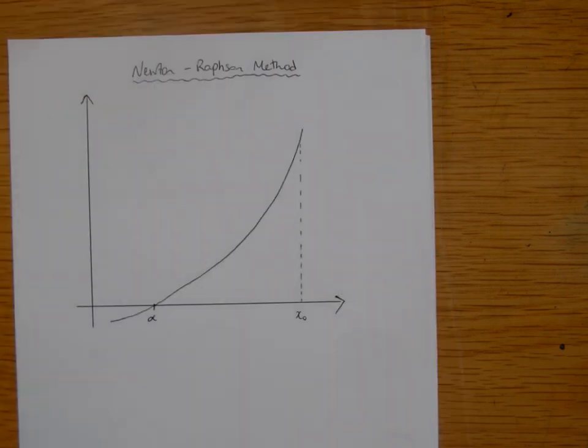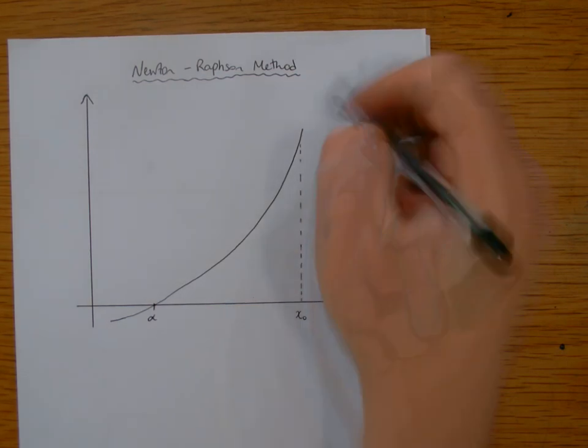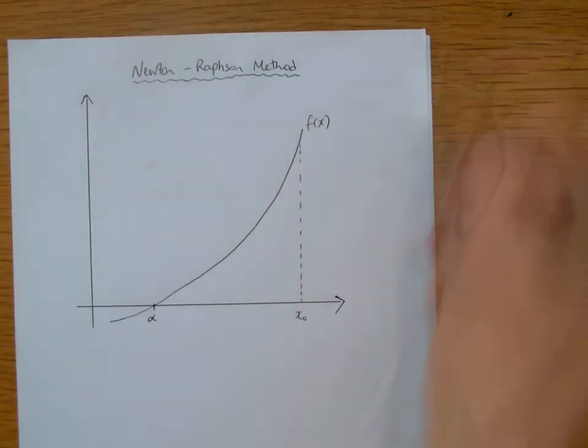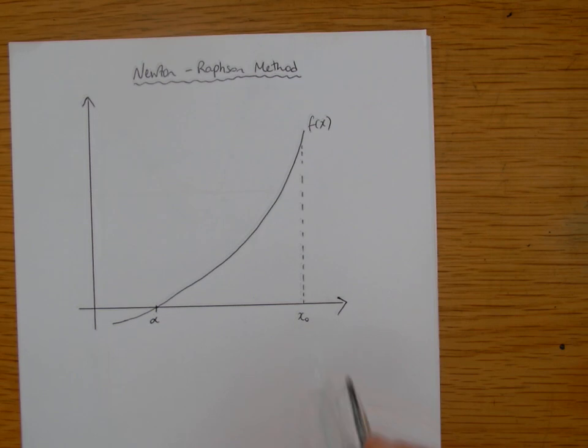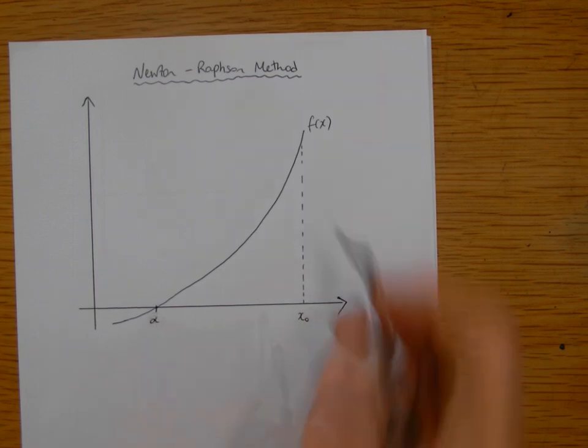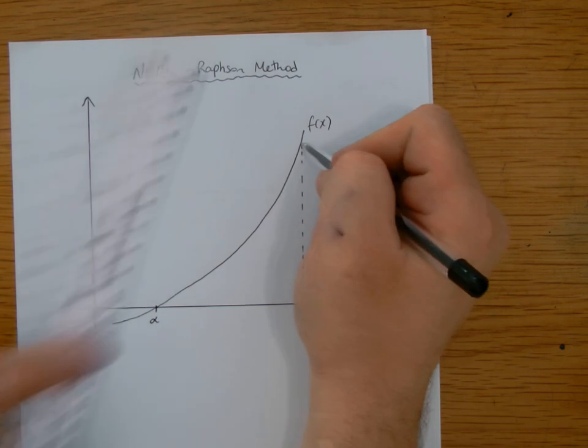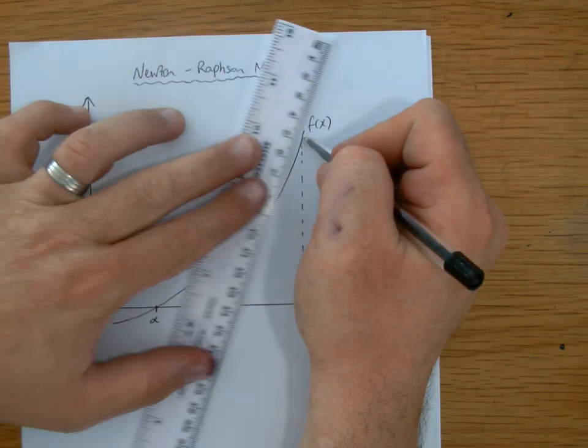Roughly speaking, suppose I've got my f of x here, and I'm given my first x0 value. So my first input is x0 here. To show you how Newton-Raphson homes in on the root, I would draw a tangent here, at that particular point on the curve.